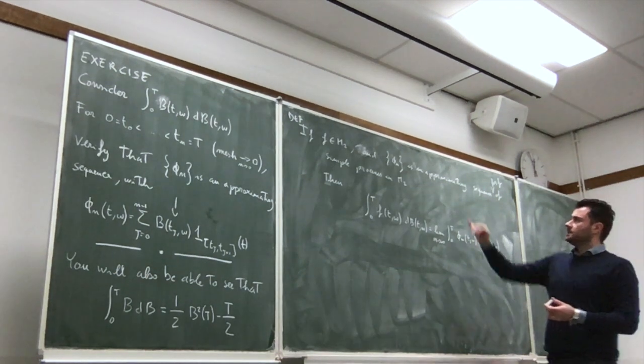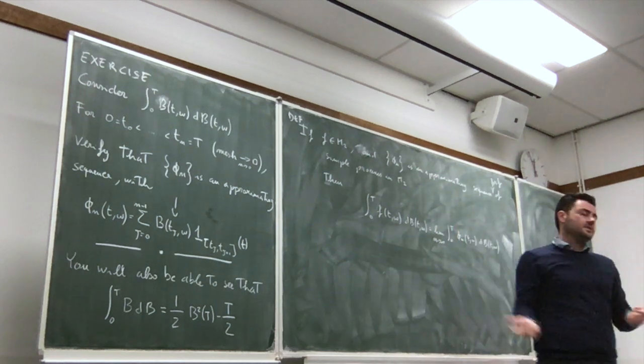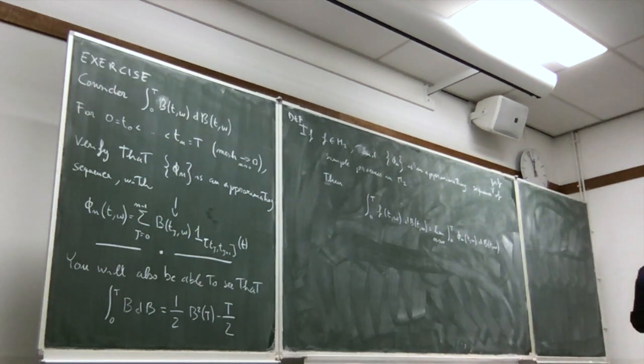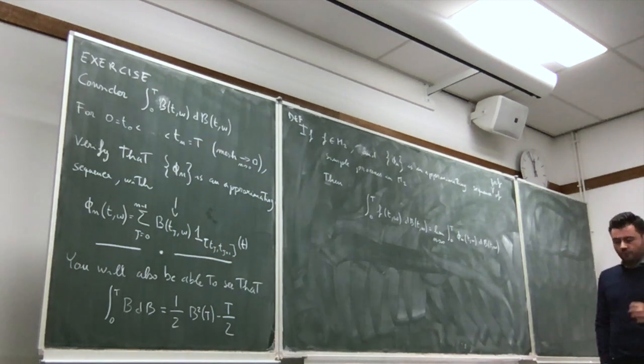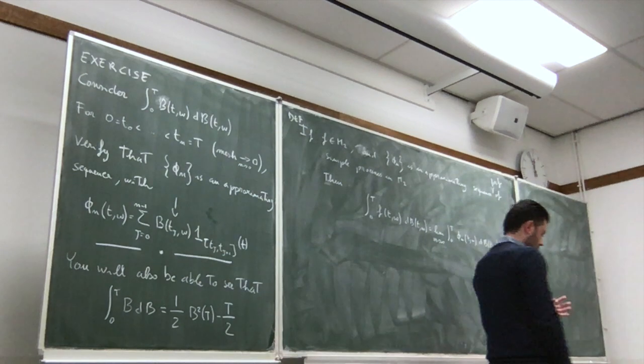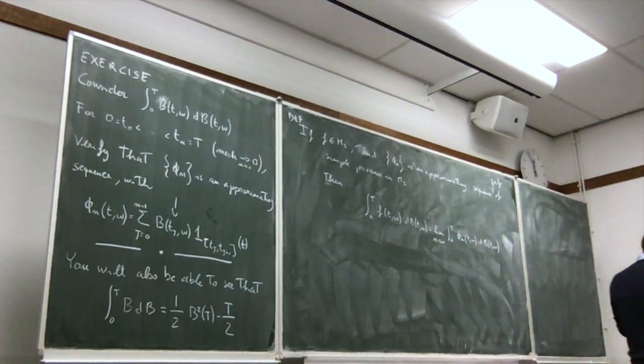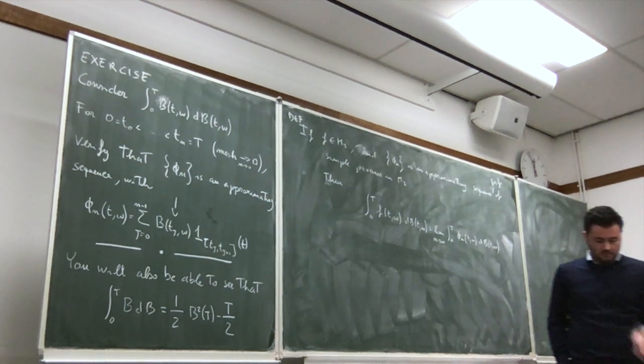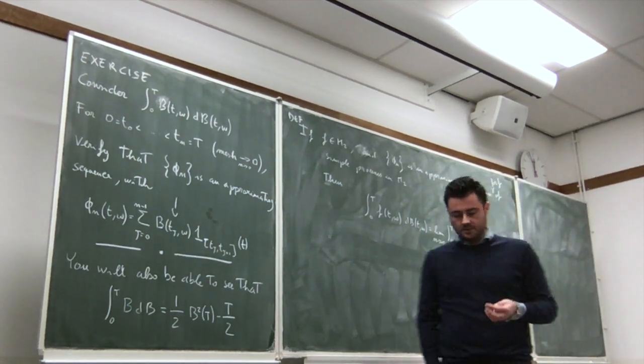The fact that this sequence exists comes from the previous theorem that, as I told you, can be proven directly for the simple processes, but I think more wisely and in a simpler way, you can split into categories of functions, but at the end, you always have these simple processes coming out.